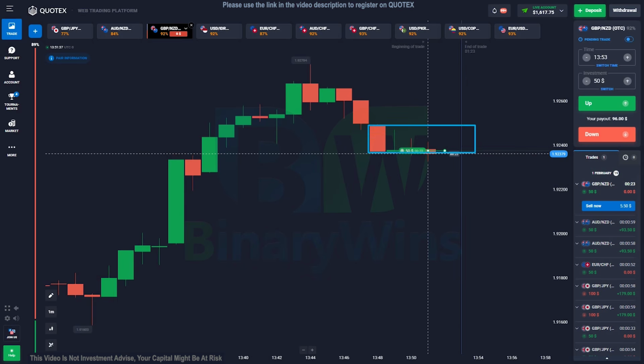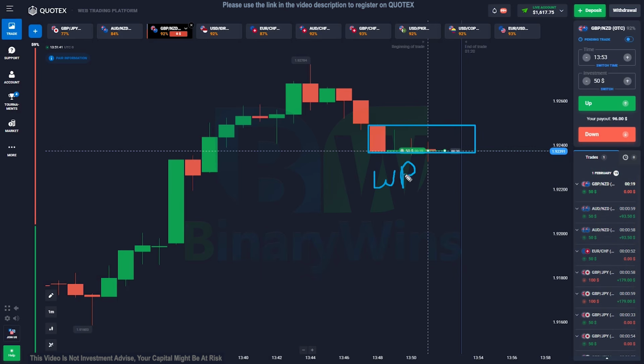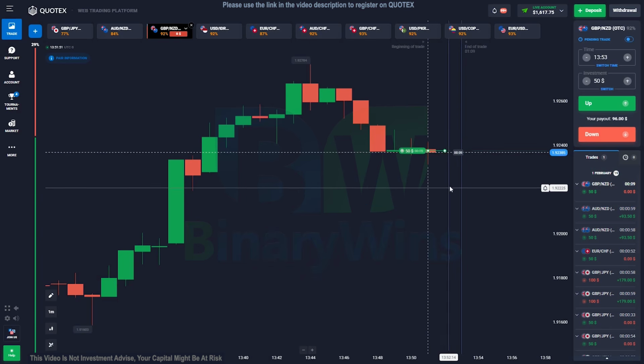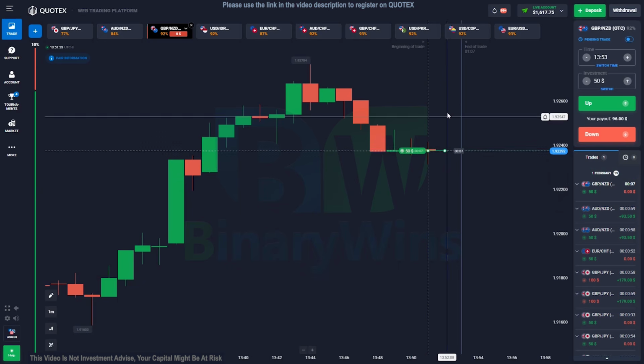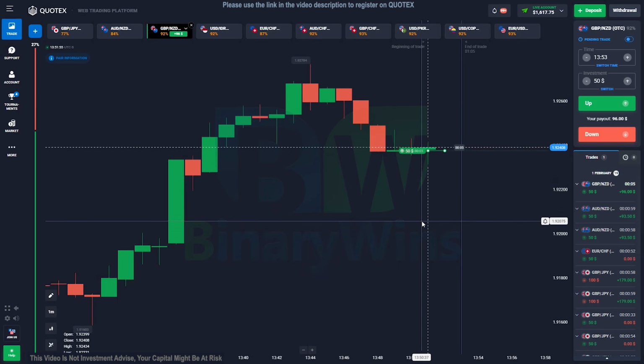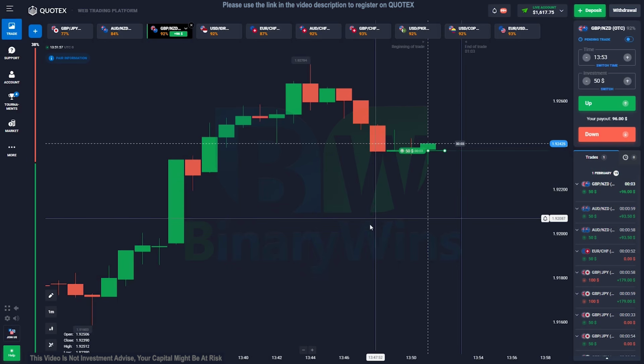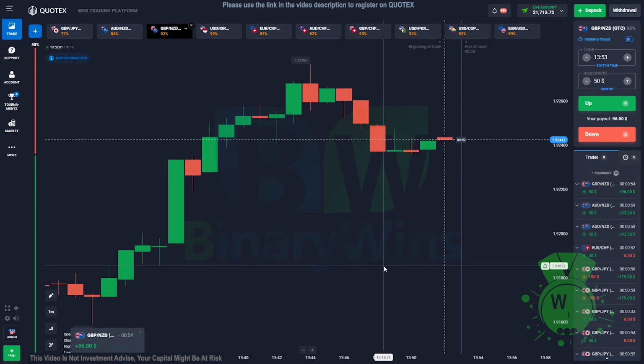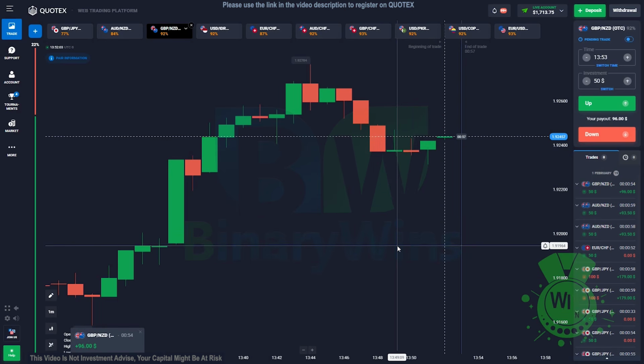On the other hand, we have a W or B candlestick pattern here. That's why I entered the higher trade. This trade will also close in profit. Okay.